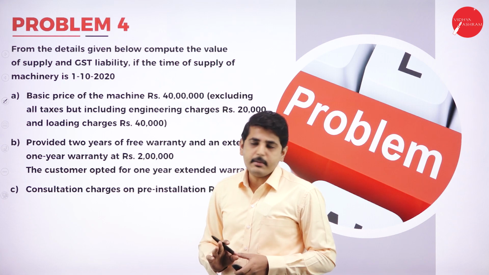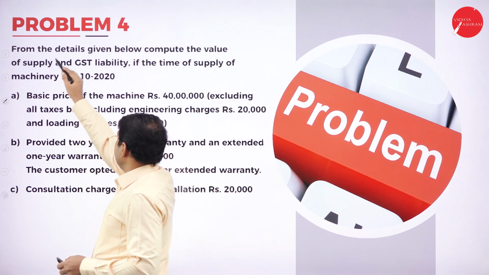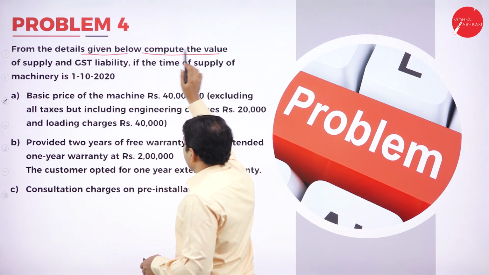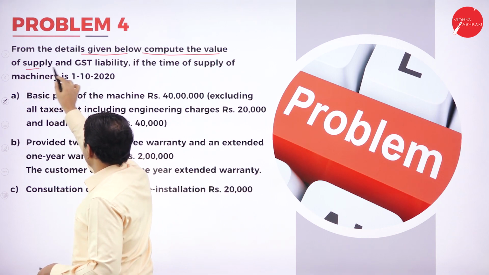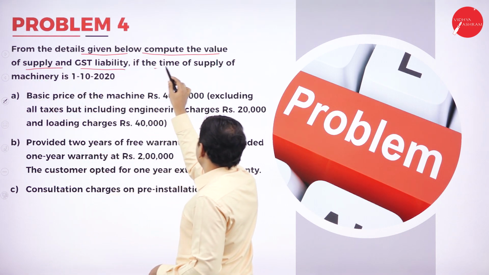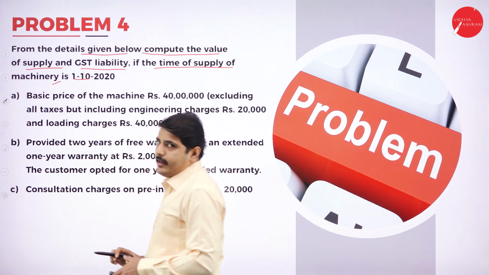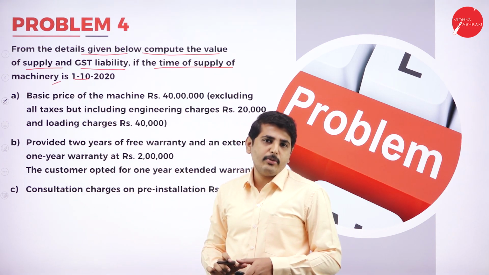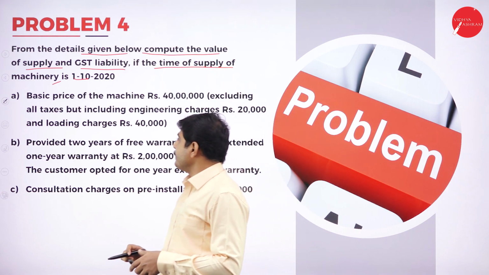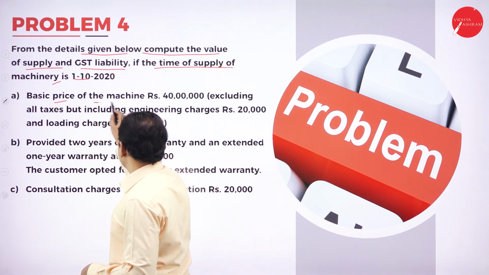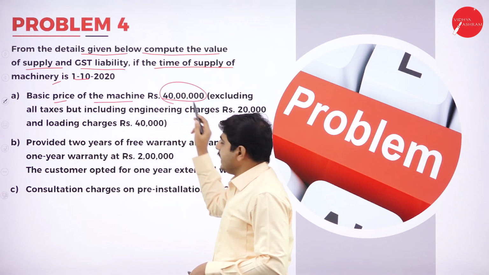Let's go to the next sum. From the details given below, compute the value of supply and GST liability if the time of supply of machine is 1/10/2020, that means 1st October 2020. The basic price of the machine is 40 lakh.